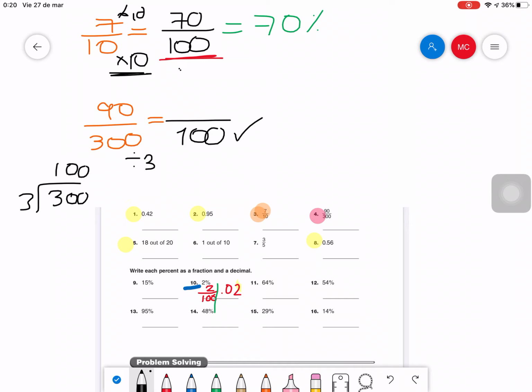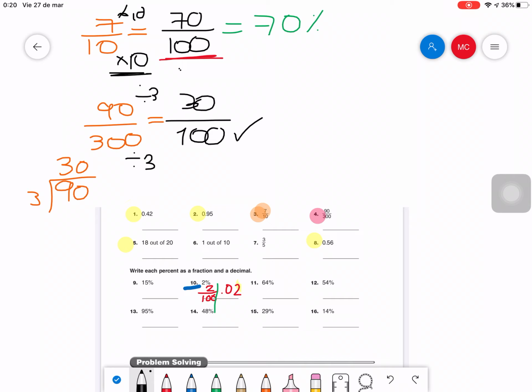That's good. Now, 90 divided by 3 gives me 30. So as I divided this by 3, the answer must be here.